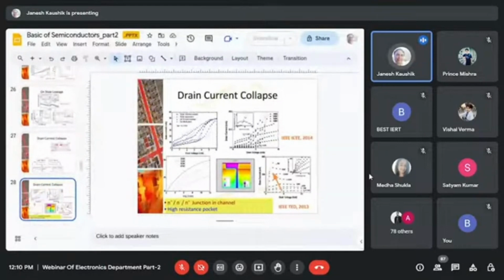So how is this virtual gate simulated in the Silvaco Atlas simulator, as well as calibrated with the measured data? If you see the current collapse or kink phenomenon, the effect of temperature in the top right diagram is that when we reduce the temperature, the amount of kink increases, meaning in the collapse region the drain current is reduced to negligible levels.